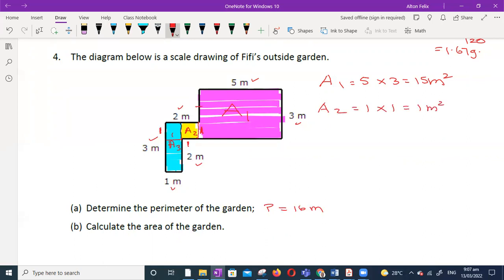And the part in blue is 1 across and 3 up, so A3 will be 1 by 3, 3 square meters. Total area: 15, 16, and 3, 19. So the area of the garden A would be 19 square meters.